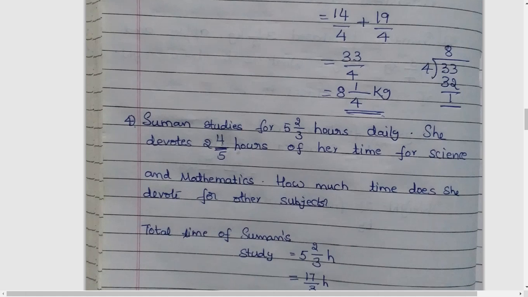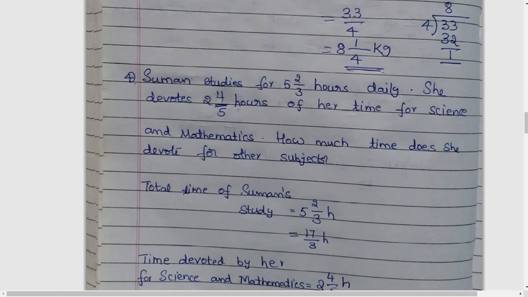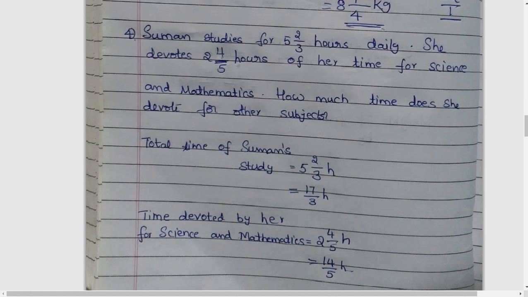Now you understood, I hope. This is the total time given by her, and this is the time given by her to study science and mathematics. So we have to subtract from the total time the time taken to study science and mathematics. So statements, total time of Suman studies 5 2 by 3, converting that into an improper fraction.